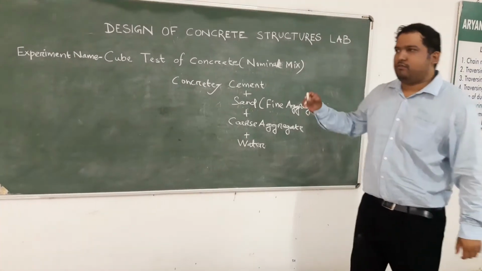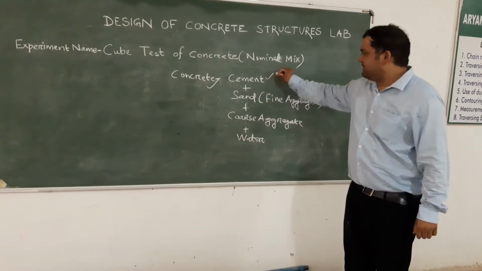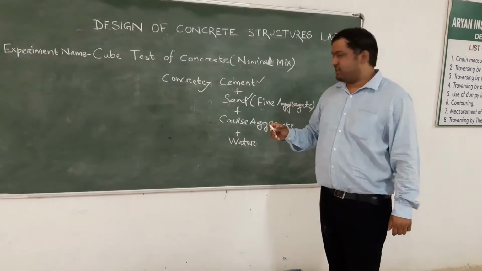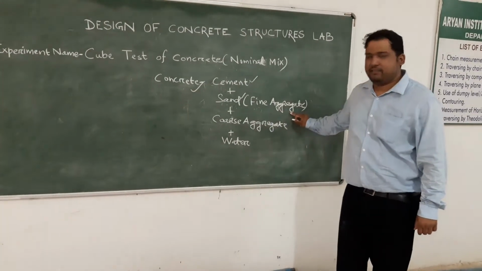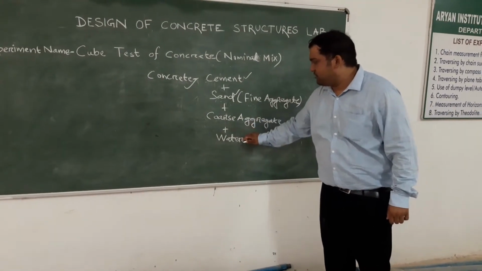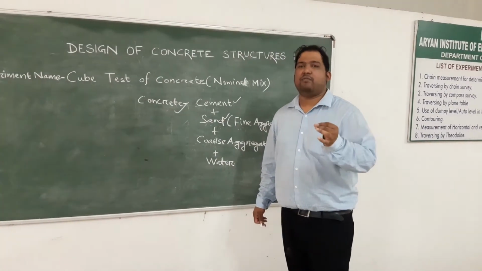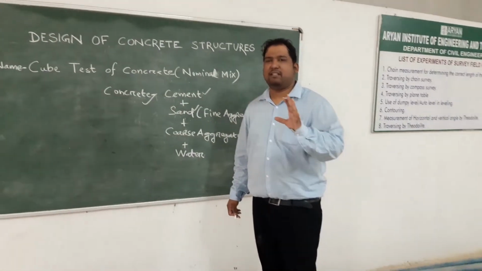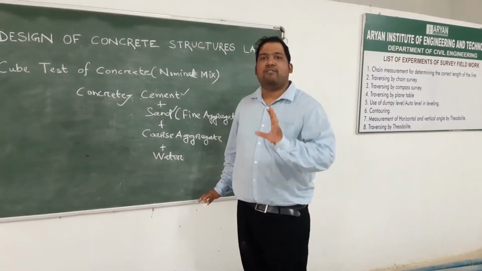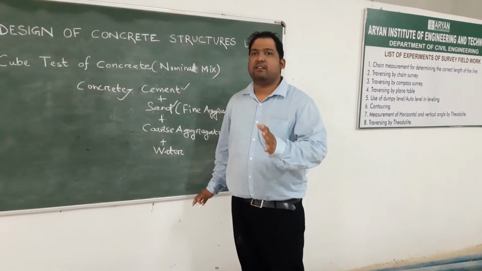So for making concrete, we'll mix these four things: cement, sand, that we call in civil engineering fine aggregate, coarse aggregate and water in a predetermined proportion. What do we mean by that? We mean that before mixing these four things, we will finalize in which proportion we are going to mix these things.